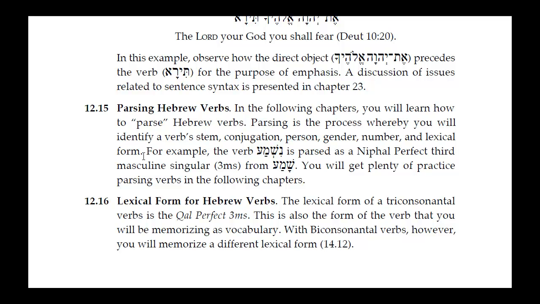For example, the verb nishma is parsed as a niphal, perfect, third masculine singular verb from shama. And so you can get a lot of practice at this in your homework when you get these different chapters. Again, the key thing is we want to identify the root by taking the clothing off that verb. Tell what stem it is. Tell what conjugation it is. And then the person, the gender, the number, and then the lexical form in which it is found.